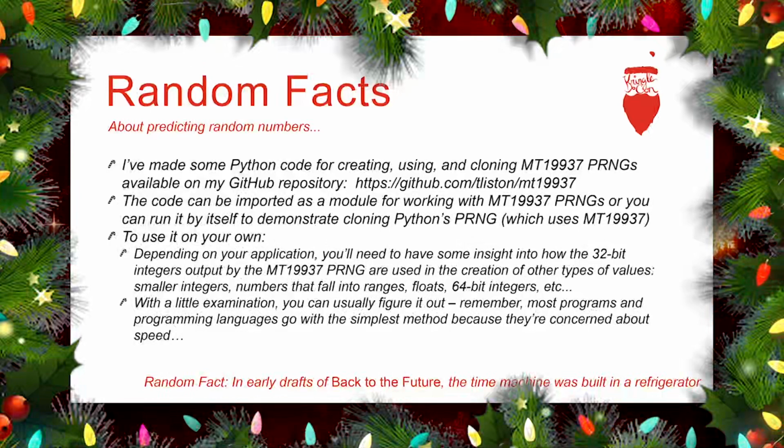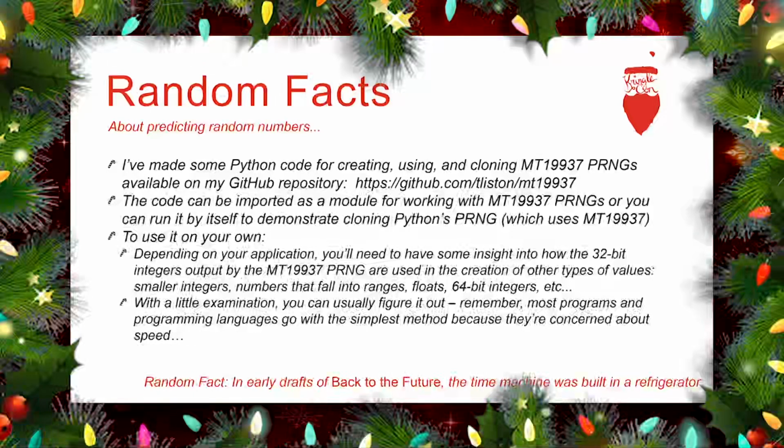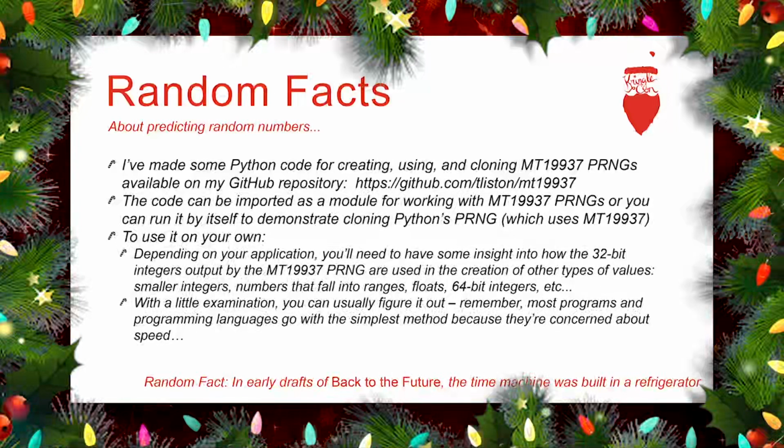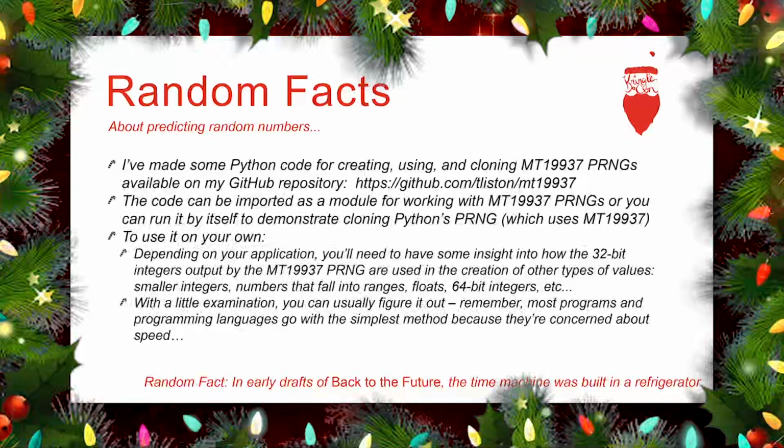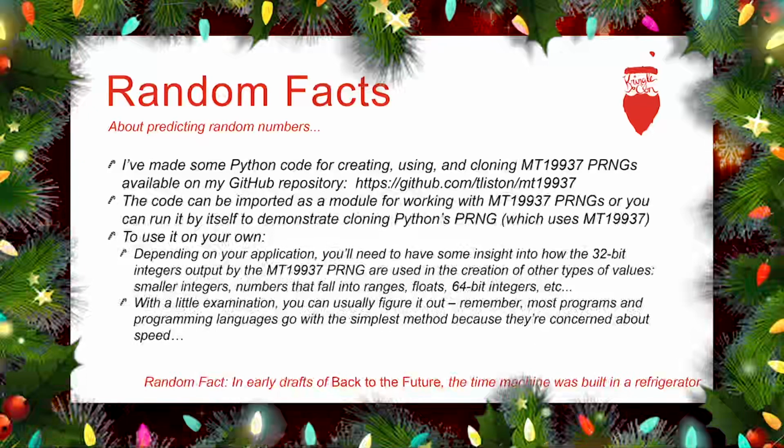I will tell you this, it takes a little bit of looking and a little bit of examination, but you can usually figure out how the application is using those 32-bit integers to create those other types of numbers. Remember, most programs, and especially most programming languages, are very concerned with speed.